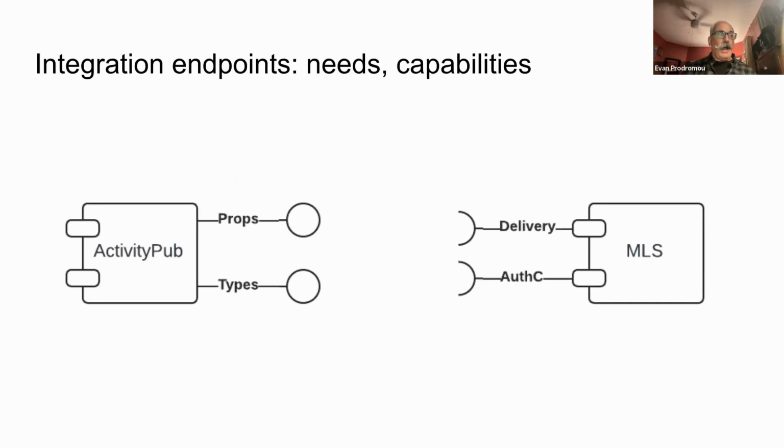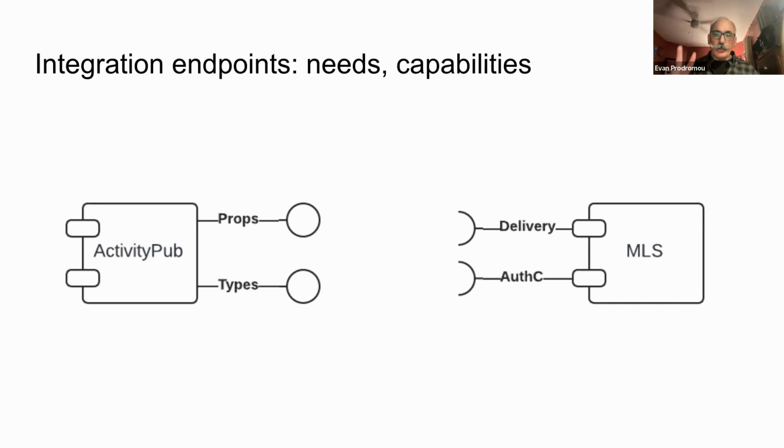ActivityPub has certain levers. Here's my more UML, certain things that you can do. Primarily, it's about defining properties of objects on the network, and then different types of messages that can be interchanged between those objects. So that's really the two levers that we can drive for ActivityPub. What MLS needs is actually defined in the spec.